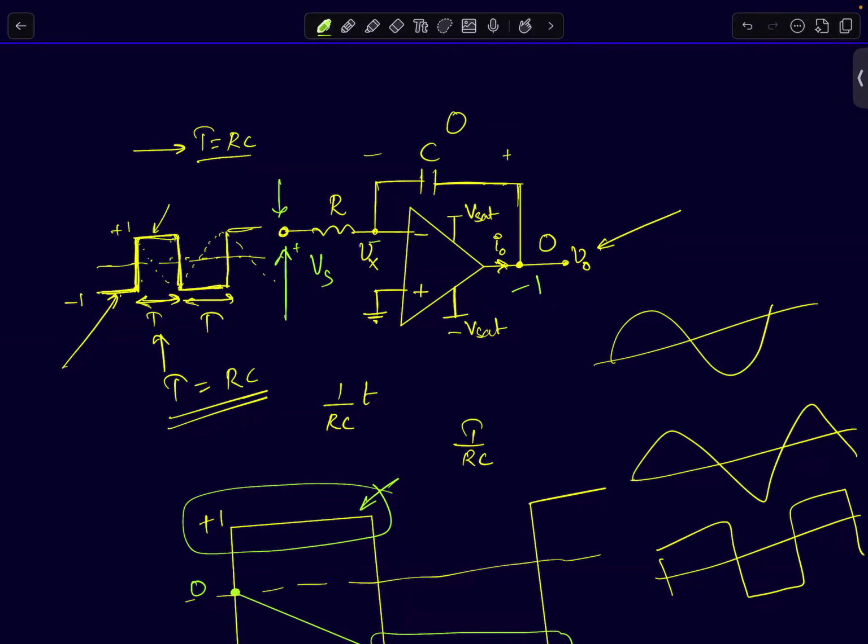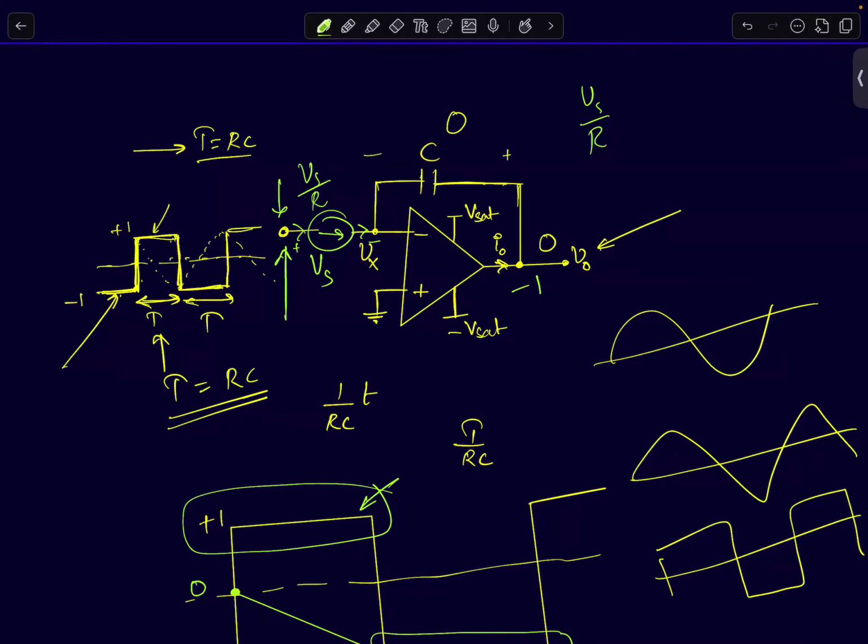The voltage across the resistor is always constant, which means the current through the resistor is also fixed. That is simply given by Vs by R. So I can remove the resistor and replace it by a current source whose value is given by Vs by R.